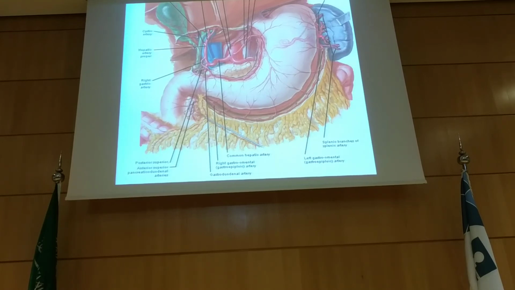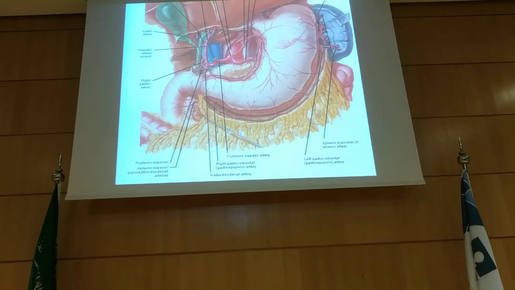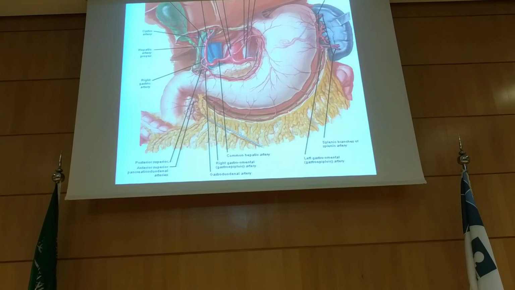So from the splenic, we have the short gastric going to the fundus, and we have the left gastro-epiploic or omental artery running on the greater curvature. Why do we call it the left gastro-epiploic artery? Because we will have a right one. Okay, so back.